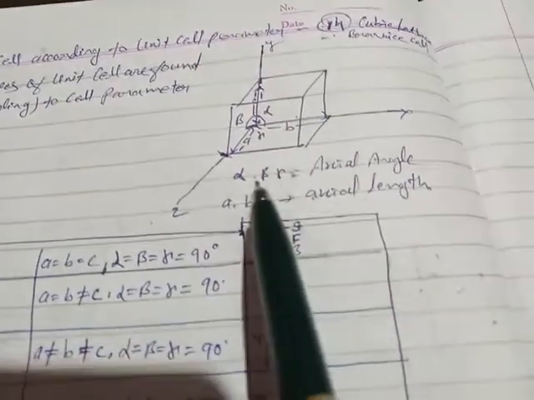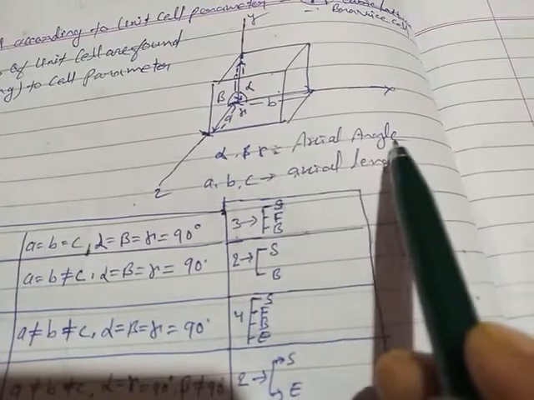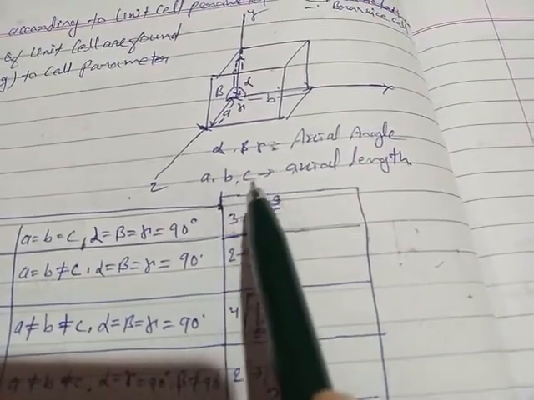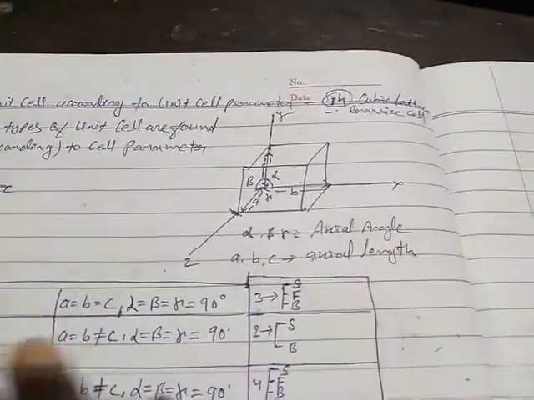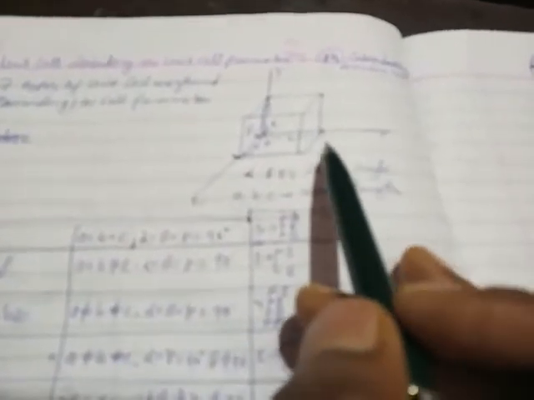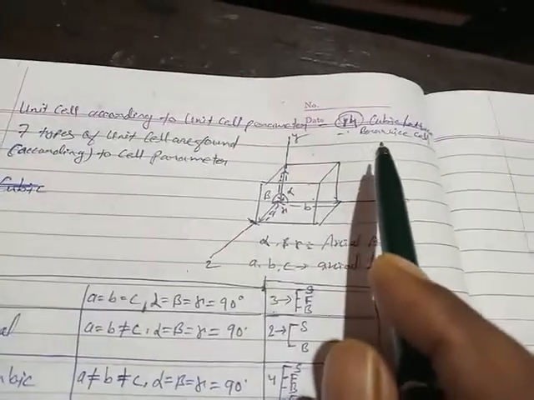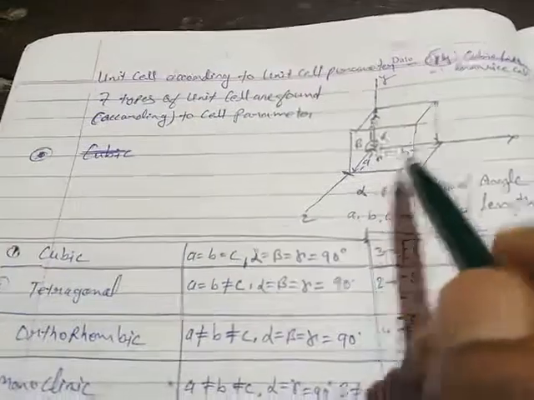So we can say that alpha, beta and gamma are the axial angles, and a, b, c are called the axial lengths. These are also called the Bravais lattice, or the angles of the cube.